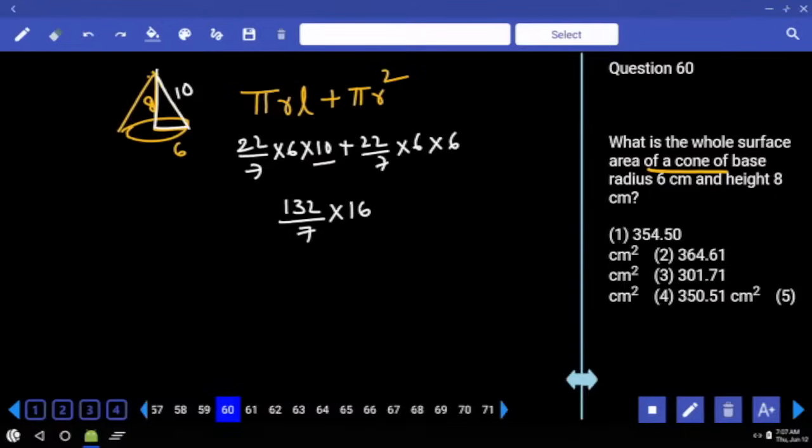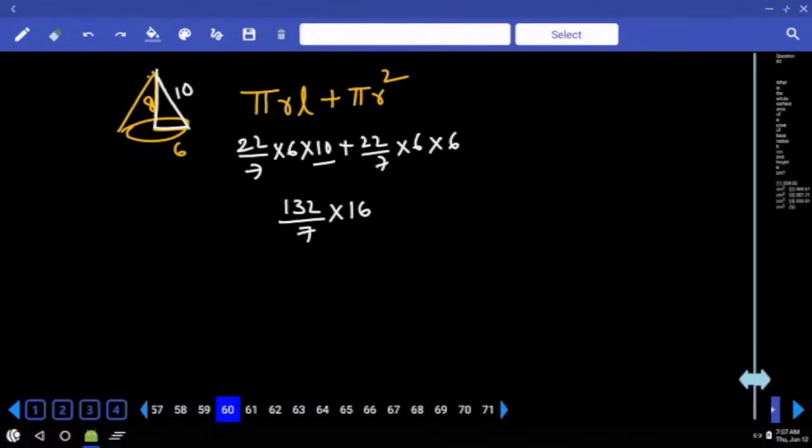Yes? 7 multiples are there, so we have to calculate the decimal value. Fine. 16 times is 15 times plus 1 time. 10 times 132 is 1320. 5 times is half of this number, 660. 1 time 132. 10 times plus 5 times plus 1 time, 16 times. Are you okay? Right.